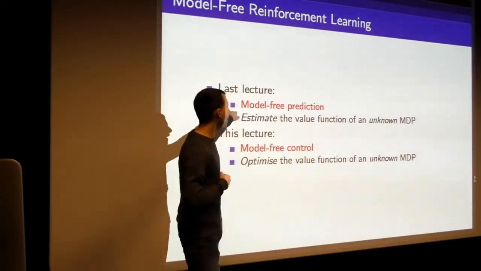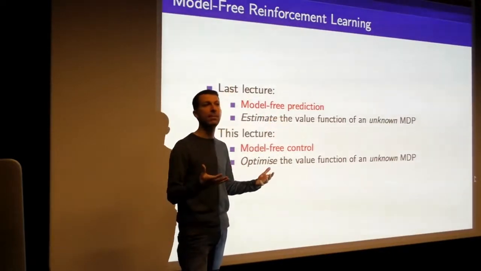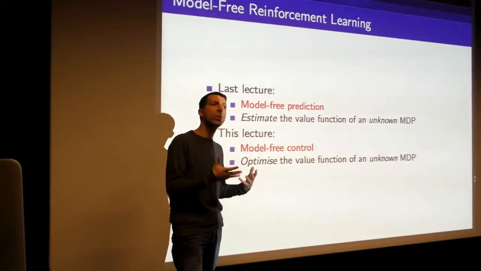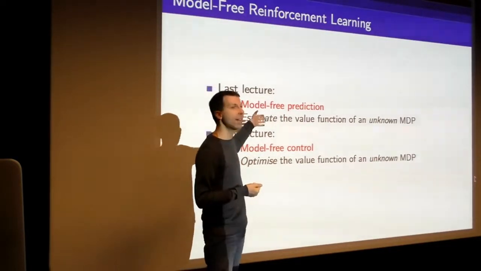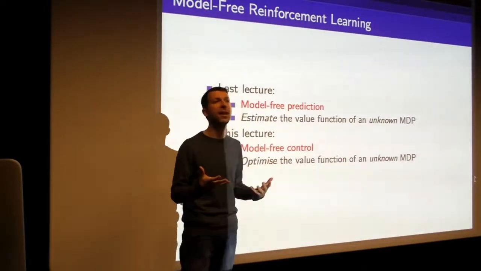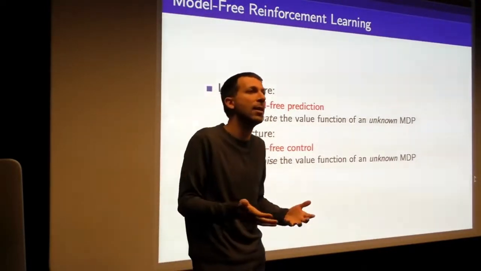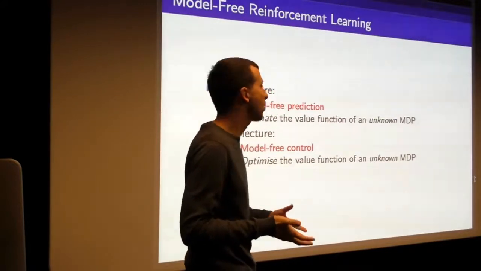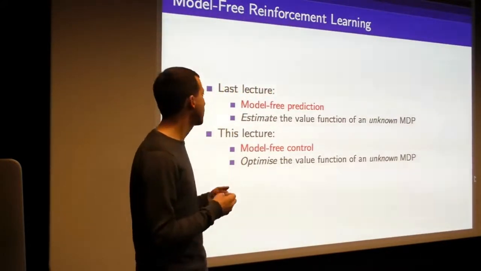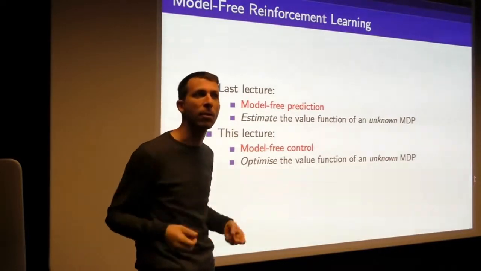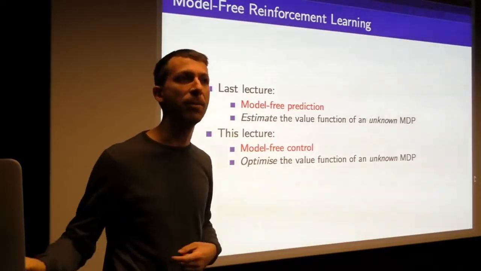And that just helped us to estimate the value function of some unknown MDP. Now that basic toolkit is what we're going to use to do control methods, where we want to not just estimate the value function, but actually optimize it: find V star, find Q star, find the best possible behavior, find the most reward you can extract from this MDP. We're going to use the same tools, iterate them, and use what we had before as an inner loop for getting to the best possible behavior.